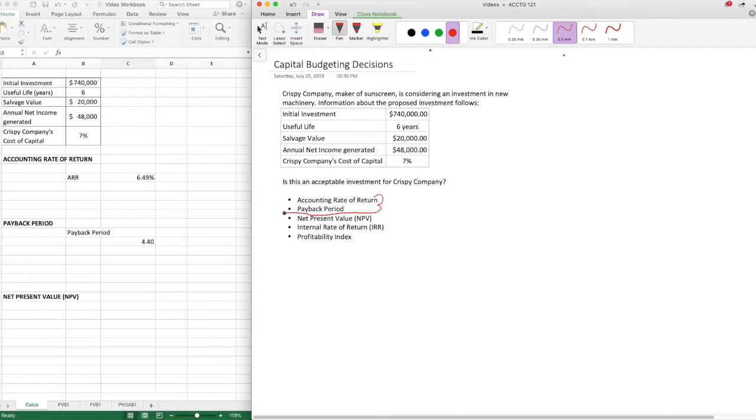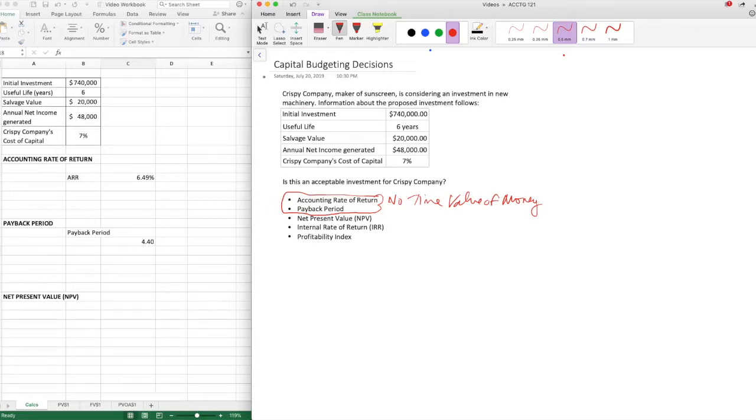These two methods, however, do not take into account what is called the time value of money. And so we need to talk about what that means.